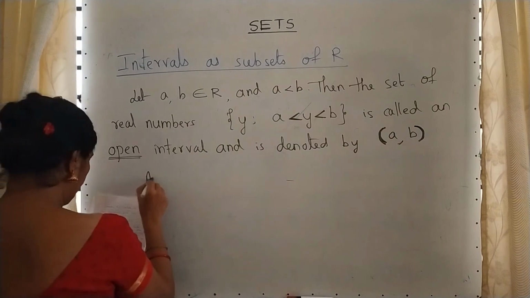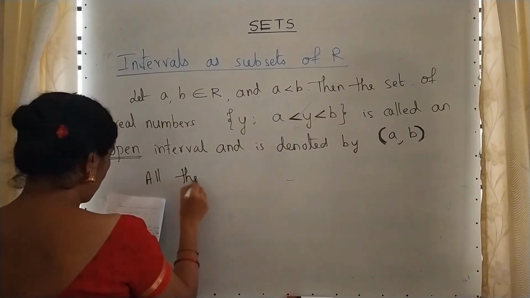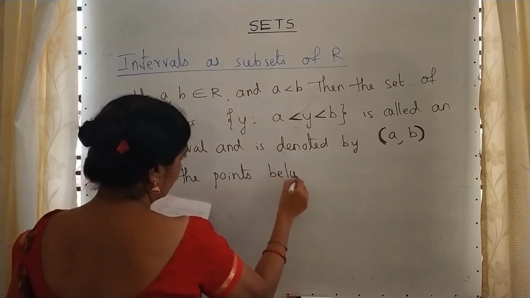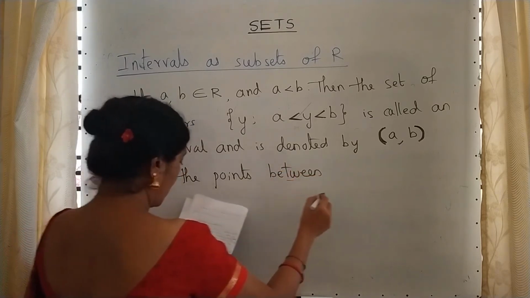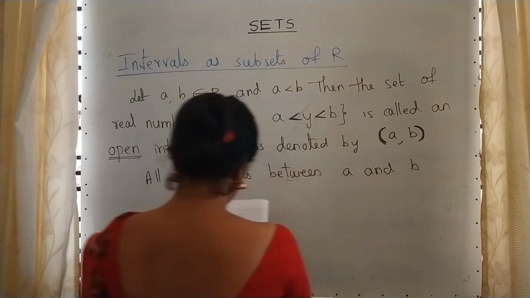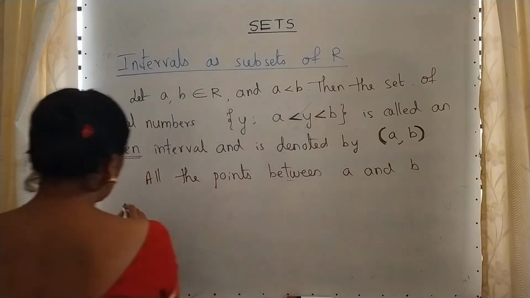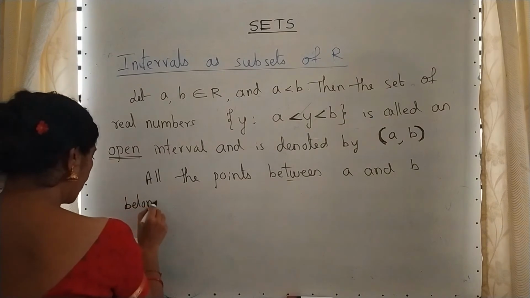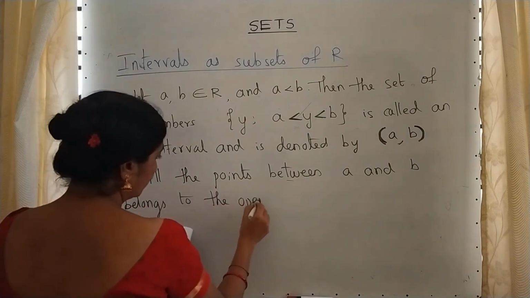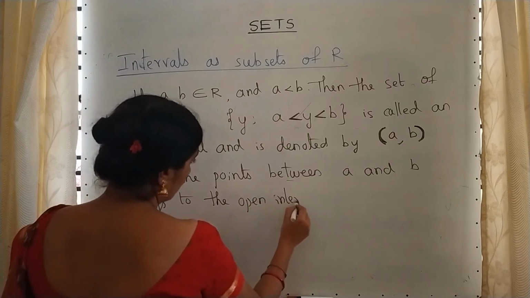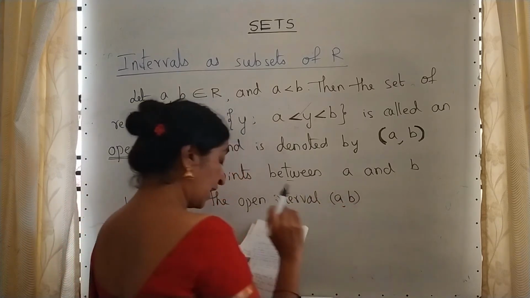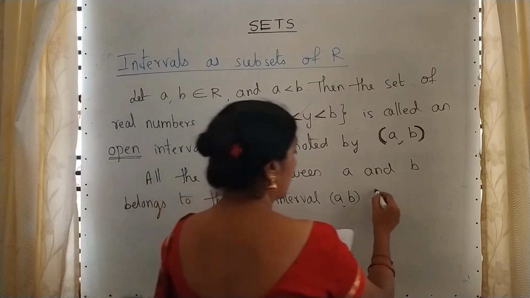Next, all the points between A and B belong to the open interval A comma B. Understood?